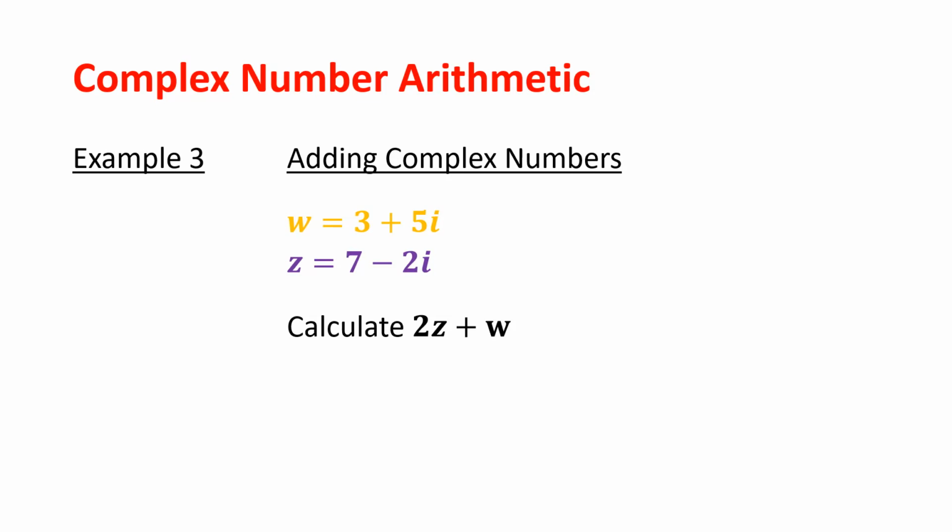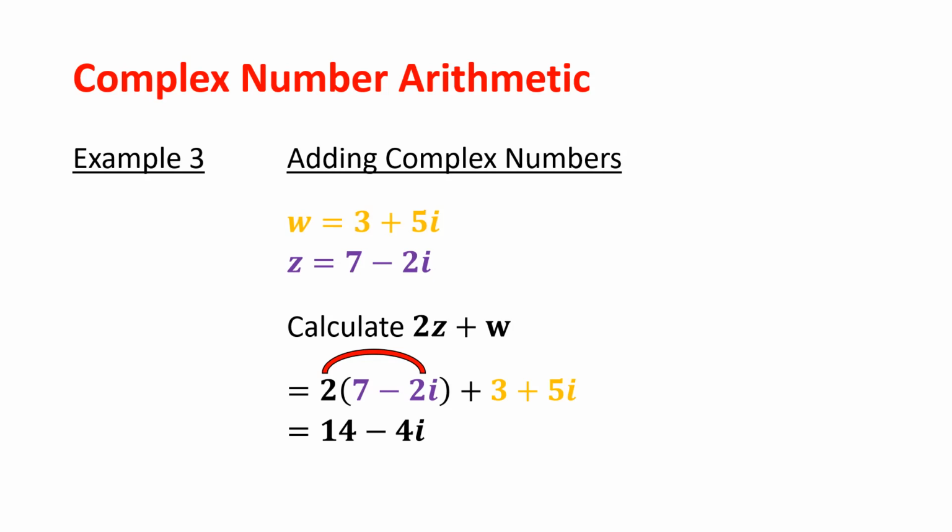All right, well, we can do fancy stuff like calculate 2 lots of z plus 1 lot of w. So let's go. 2 lots of z, so 2 bracket z, plus w. Now, we're going to multiply this out like we do with brackets. So we're going to go 2 times 7 is 14. And 2 times negative 2i is negative 4i.